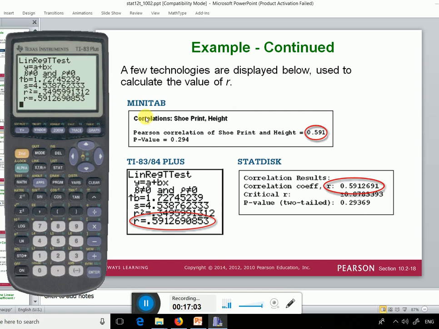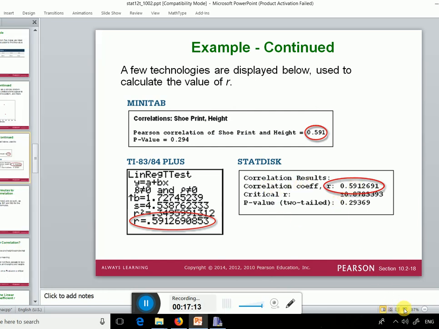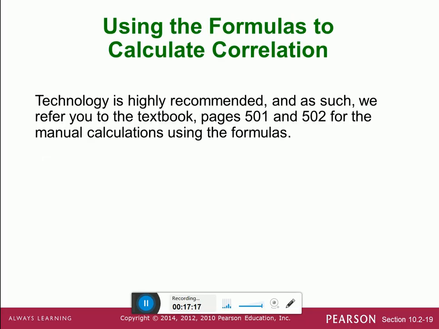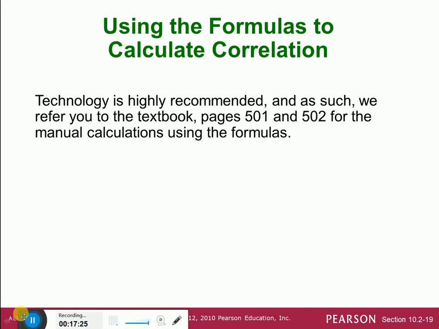So this is how you apply the TI-83 or 83 Plus to find the correlation coefficient R. Okay, so technology is really highly recommended for this chapter.